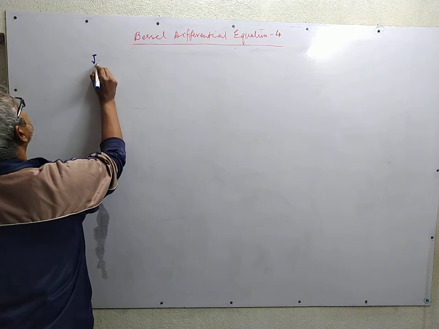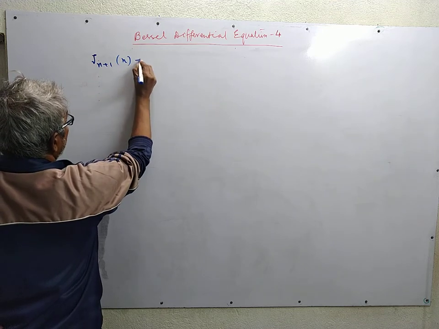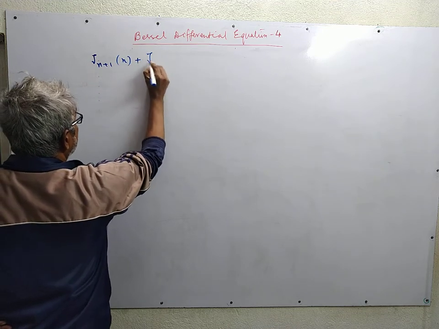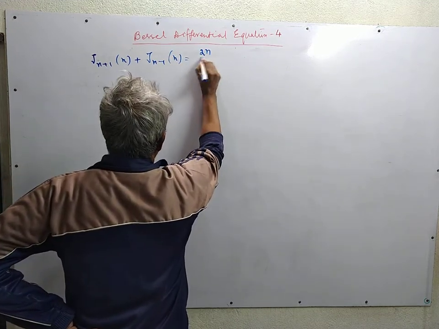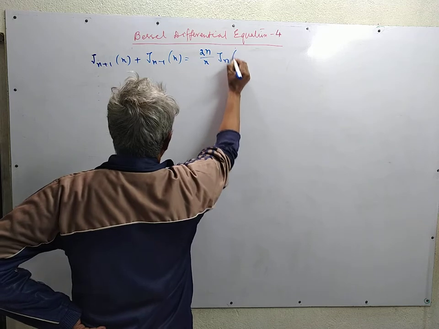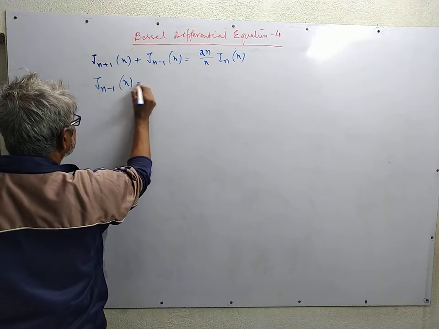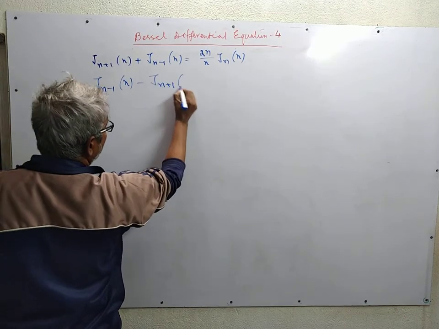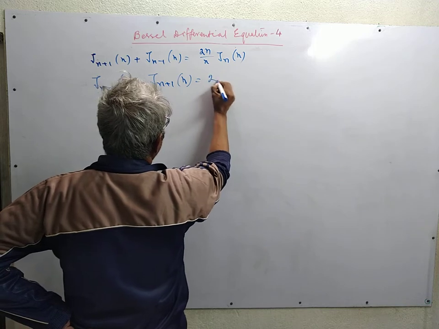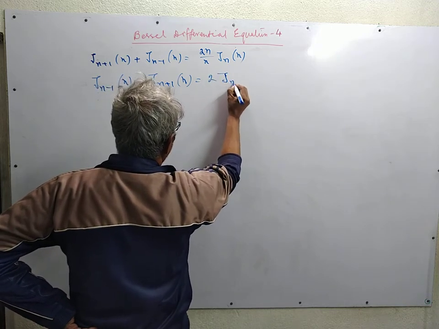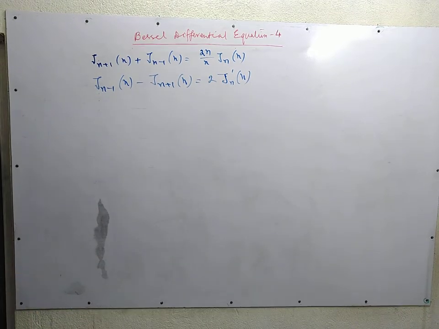As for example, J n plus 1 of x plus J n minus 1 of x was 2n by x J n of x, and J n minus 1 of x minus J n plus 1 of x is equal to 2 J n prime of x. These were the relations that we have obtained earlier.